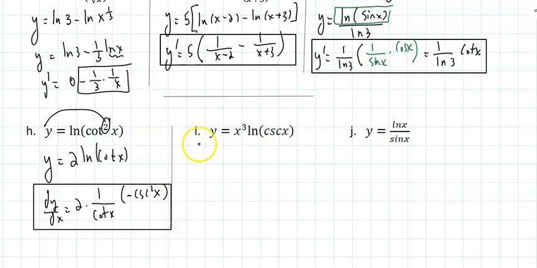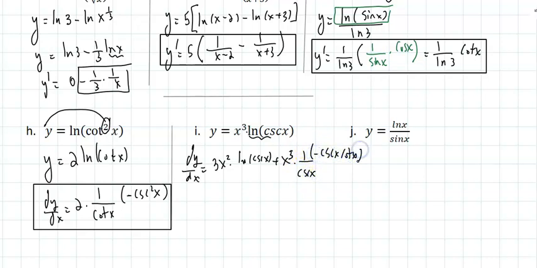And here, well, we have the product rule. dy dx would be product rule, derivative of the first times the second, plus the first times the derivative of natural log, which is 1 over the cosecant of x times negative cosecant of x cotangent of x.